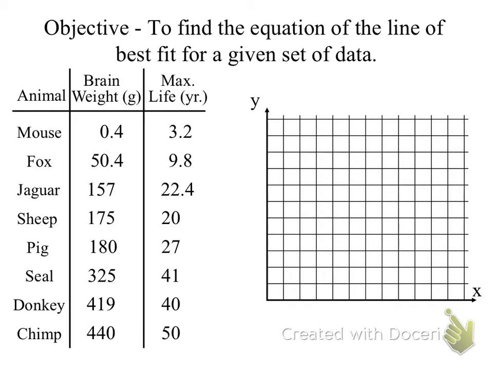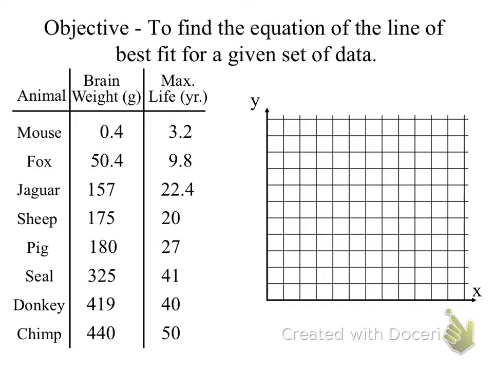The brain weight does not depend on the lifespan, but rather what they're trying to say is the bigger the brain, the longer you live. So lifespan depends on how big your brain is. Does that make sense?